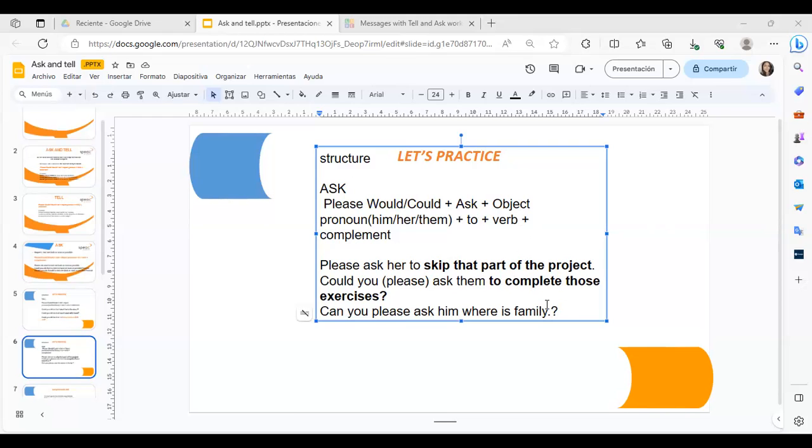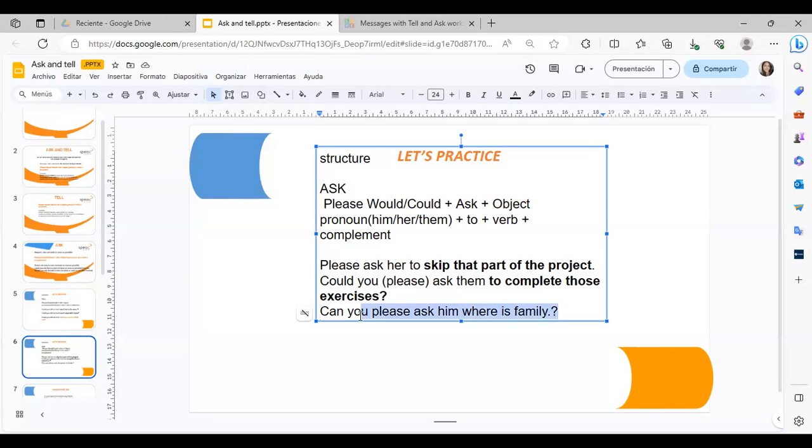Teacher, could it be an example: could you ask him to help me with my homework? Yeah, that one, yes, because you are requesting something. You are requesting or asking for something. And in this example, can you please ask him where is his family?